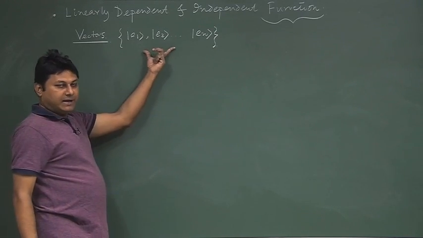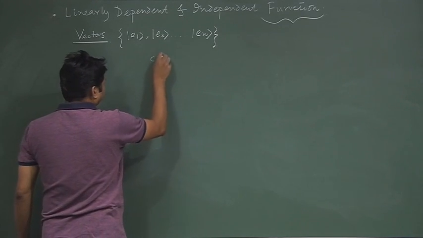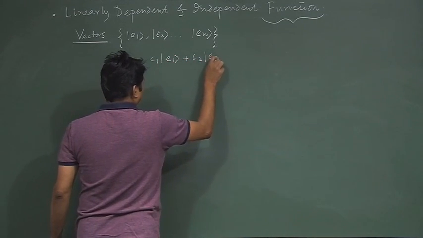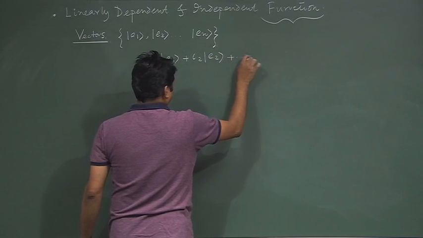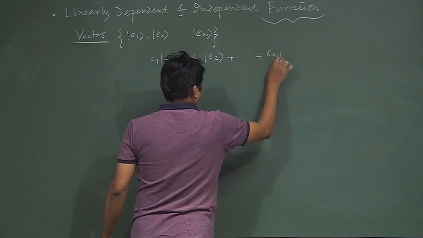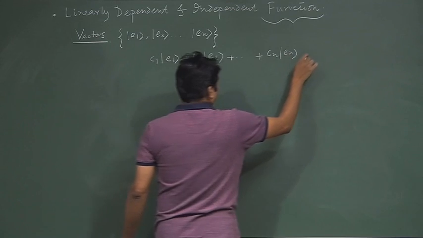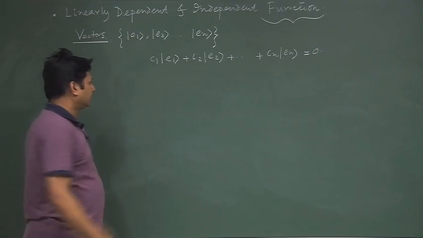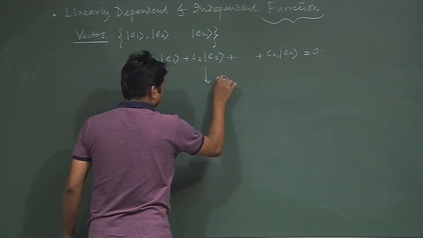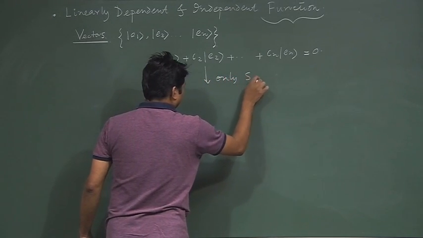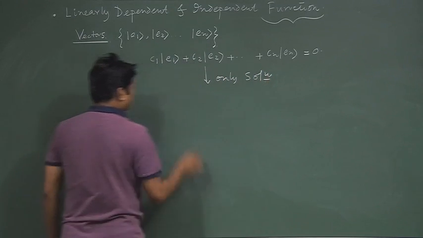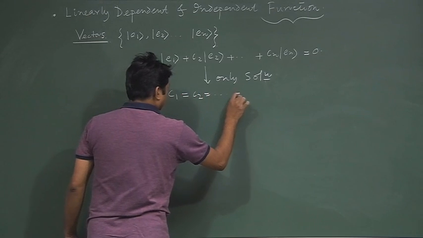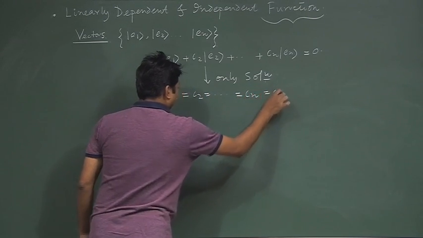They are linearly independent if this equation has only the trivial solution, C1 is equal to C2 is equal to Cn is equal to 0.